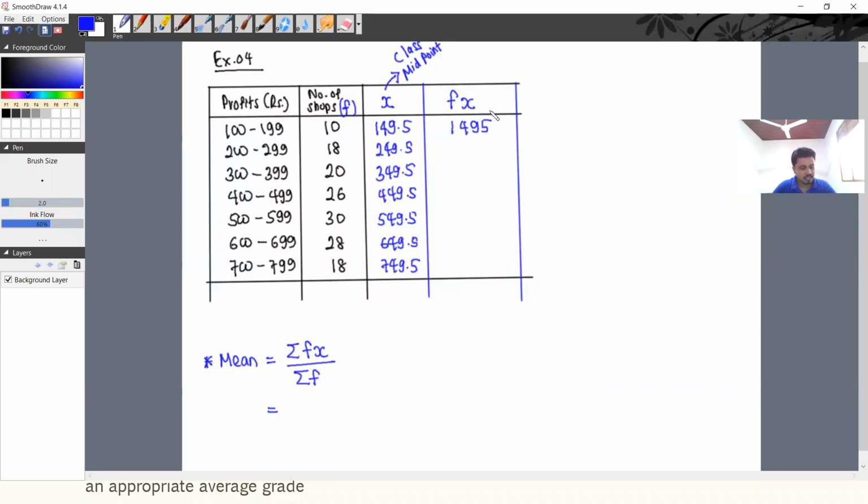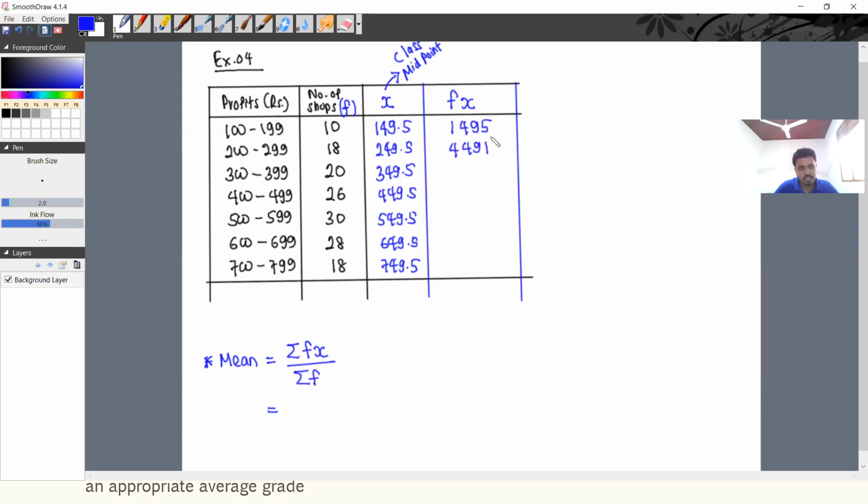So what should be the other values here? f into x. 18 into 249.5. That is 4491.